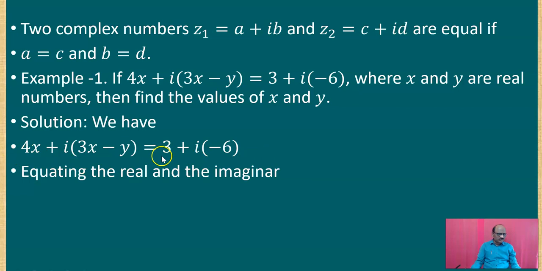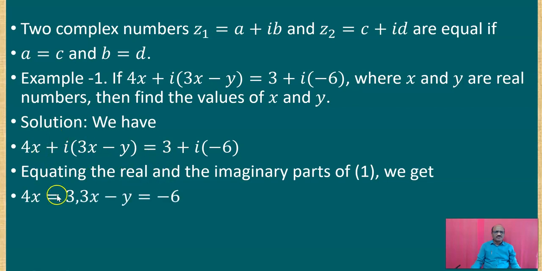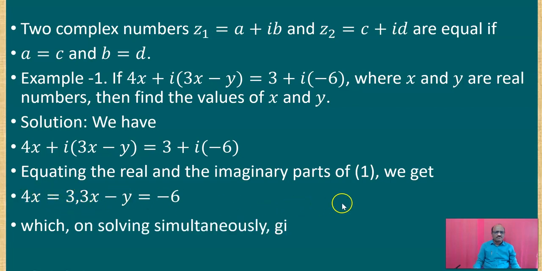That is, equating the real parts, we get 4x is equal to 3, and 3x minus y is equal to minus 6. If we solve this, then you will get x is equal to 3 by 4 and y is equal to 33 by 4.